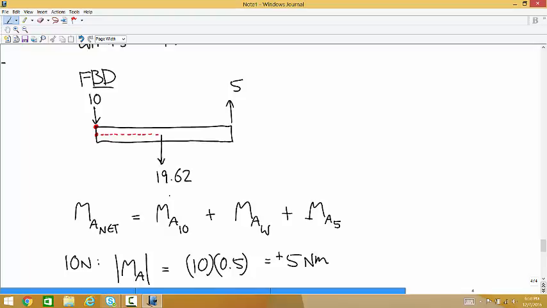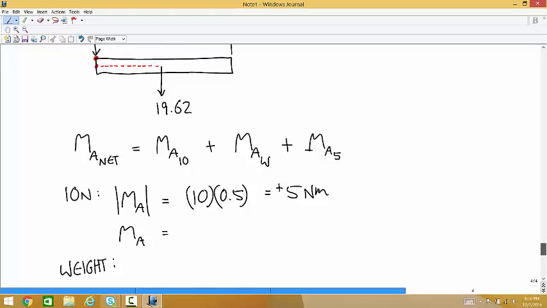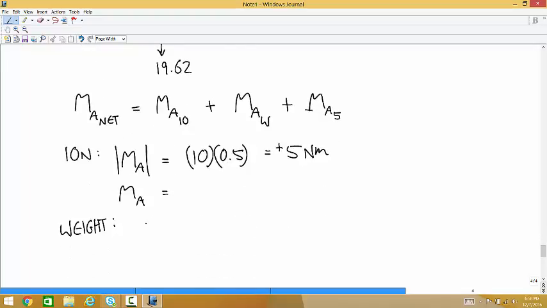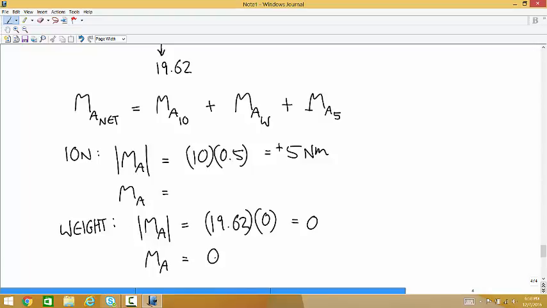You end up with a distance of 0, and so the absolute value of this moment is equal to 19.62 times the distance from the axis to where it's applied, which is 0. So the moment produced by the weight is equal to 0.